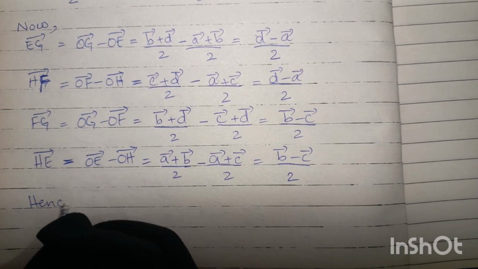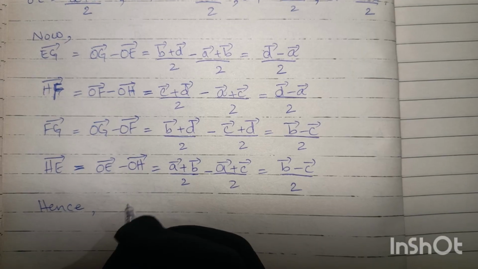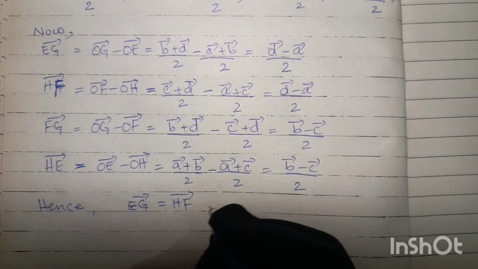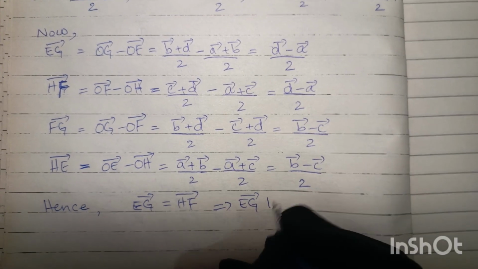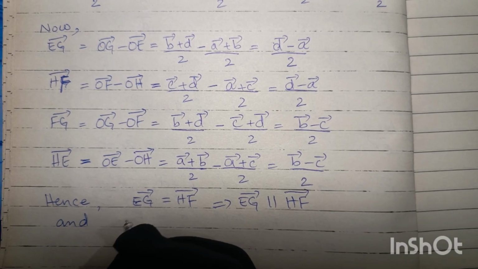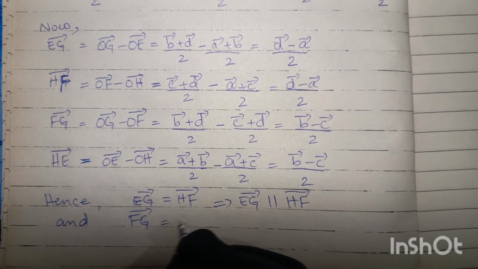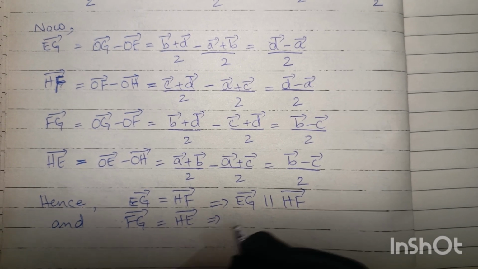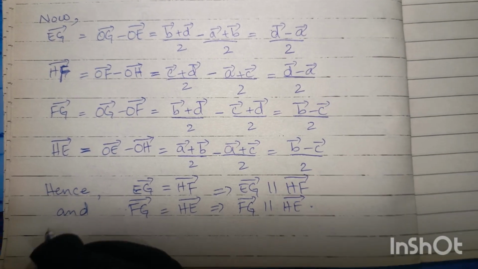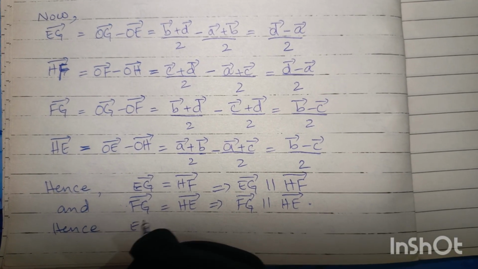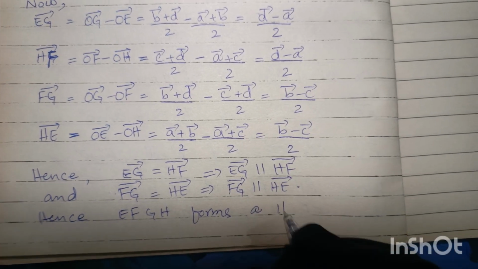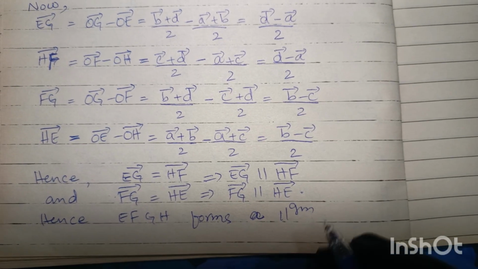Hence, we can write EG is equal to HF, which means EG is parallel to HF, and FG is equal to HE, and FG is parallel to HE. Hence, EFGH forms a parallelogram. So here question number 12 is completed.